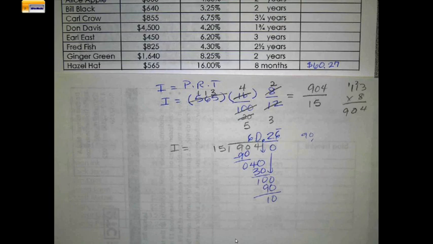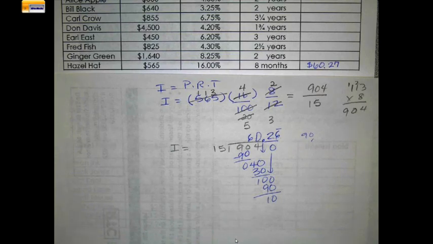Did you divide it by, did you do 8 over 12? No, I'm still getting... Yeah, isn't that 3.75? No, it should be 60.27.